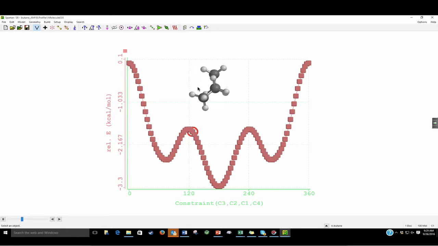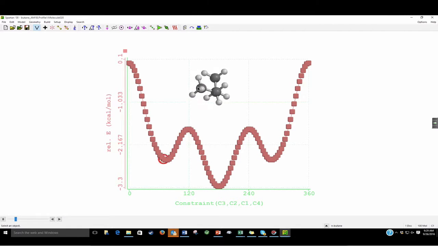What? This axis? This is the dihedral angle. Okay, so here the dihedral angle is what? No, here. 180, right? So the dihedral angle from here to here is 180, and that's the lowest energy conformation.